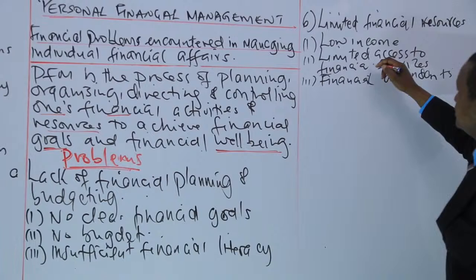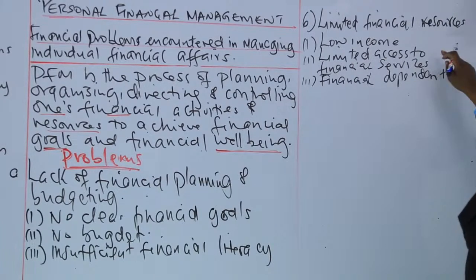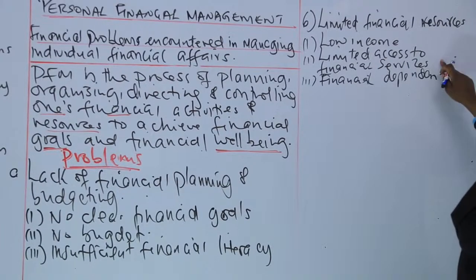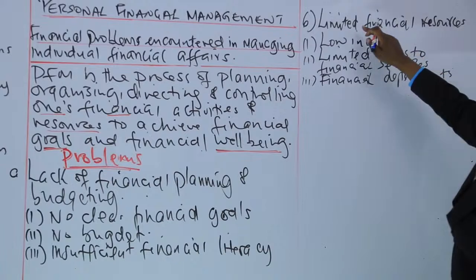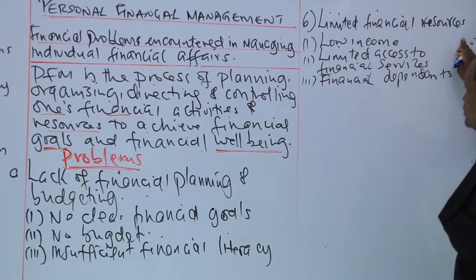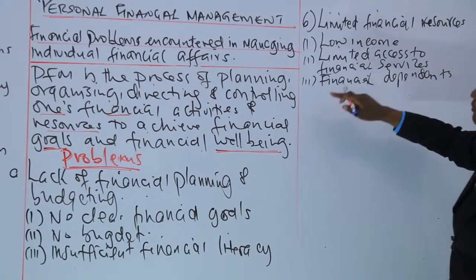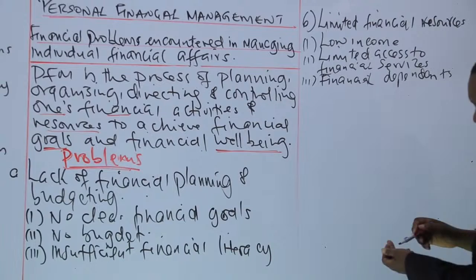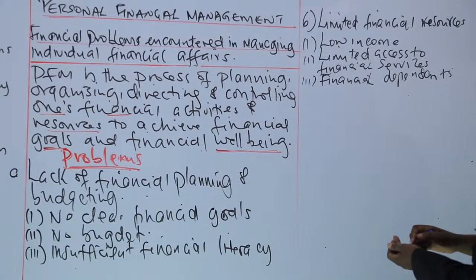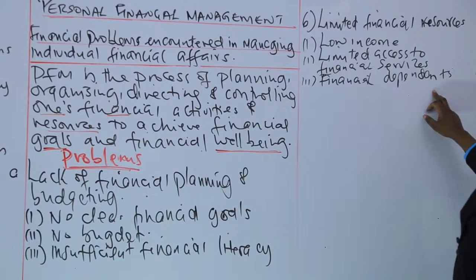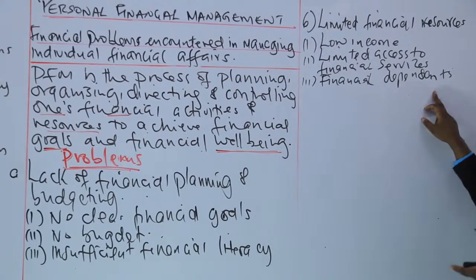We know banks may offer credit. When an individual does not have access to banking services, such an individual will have limited financial resources. An individual may have high financial resources, but many financial dependents, which can reduce or put strain on an individual's finances.